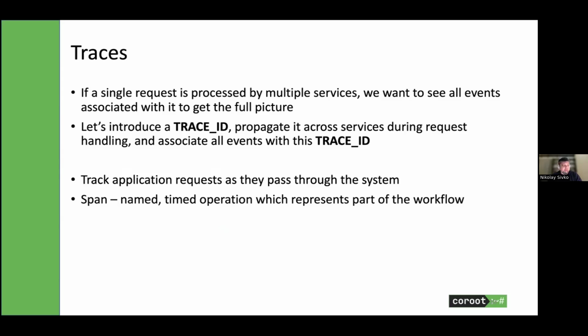If we use a microservice architecture or just a bunch of services and databases, traces allow us to understand the latency of each particular stage of request processing, and so on.